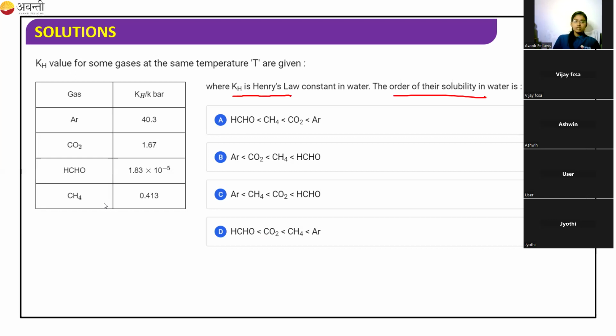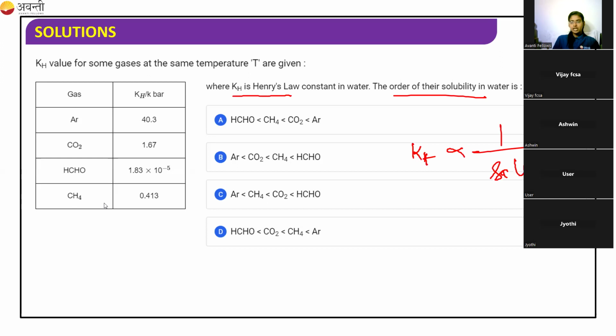Which relation do we have to use here? What is the relation we studied yesterday about KH and solubility? Is it directly proportional or inversely proportional? Very good. Henry's constant is inversely proportional to solubility.